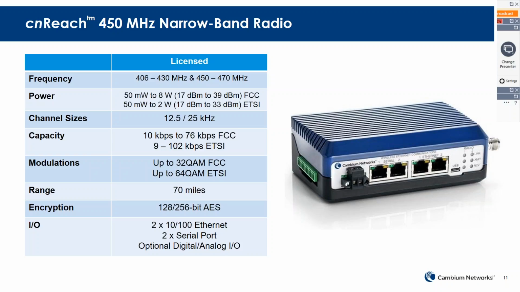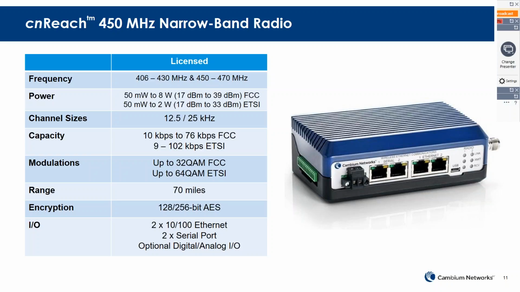In terms of capacity, given the channel size it's low capacity, but it's up to 102 kilobits per second for ETSI, 76 kilobits per second for FCC. And we support up to 64 QAM modulation mode. The range is 17 miles.